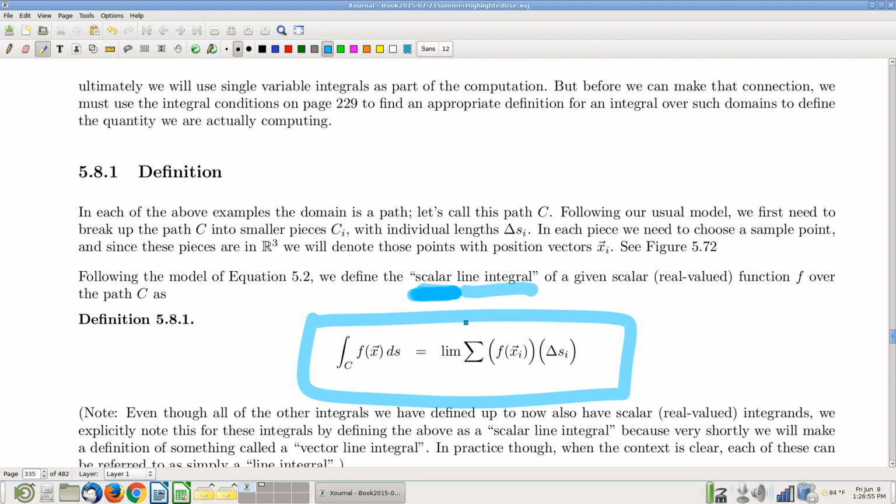A completely different construction that computes completely different things, which, as it turns out, is also really naturally referred to as a line integral. So there's two different constructions that can and often are referred to by the same term.